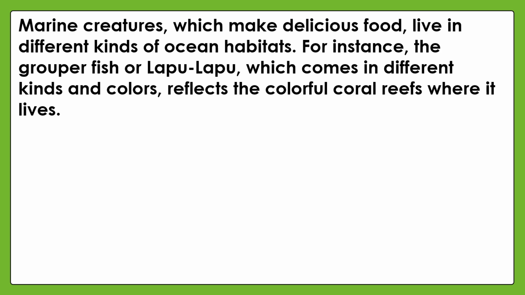Let's answer. Marine creatures which make delicious food live in different kinds of ocean habitats. For instance, the grouper fish or lapu-lapu, which comes in different kinds and colors, reflects the colorful coral reefs where it lives.